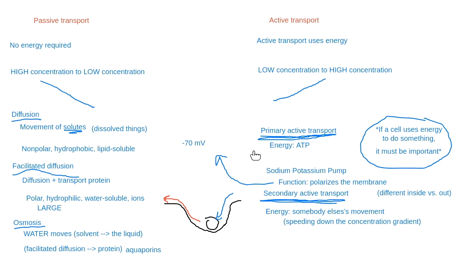So I'm going to clear off my whiteboard here. Primary active transport and secondary active transport. Remind me again, how do I power primary active transport?